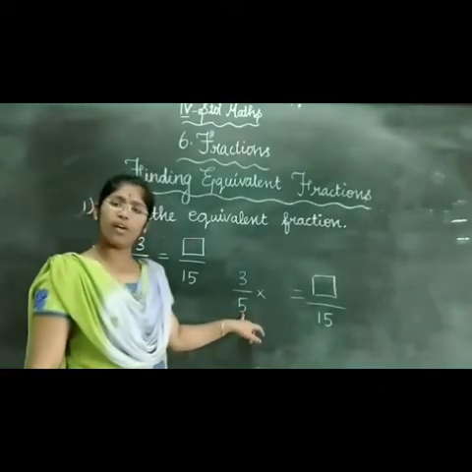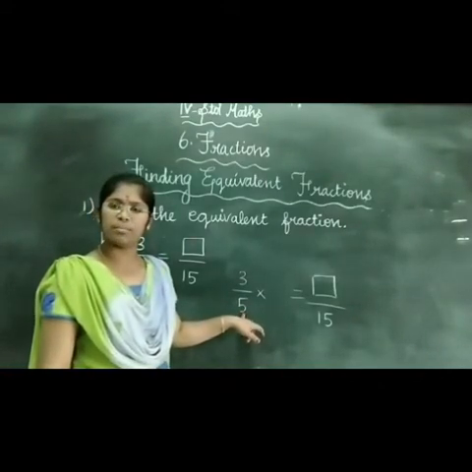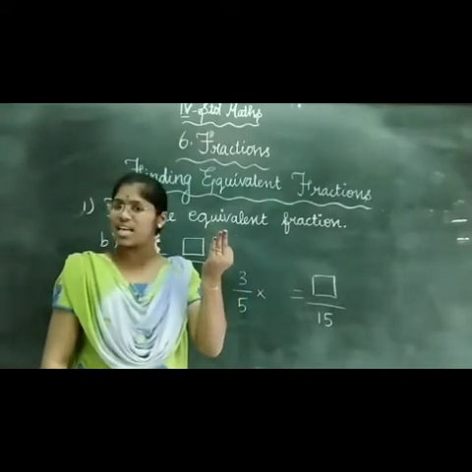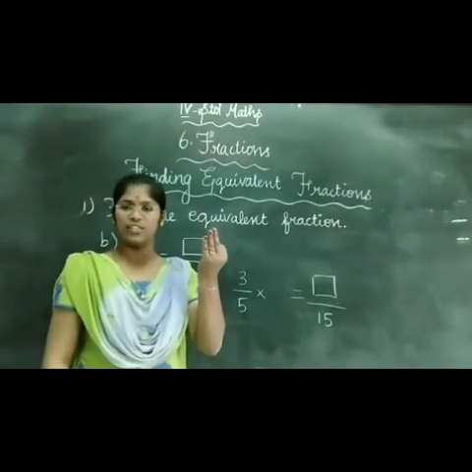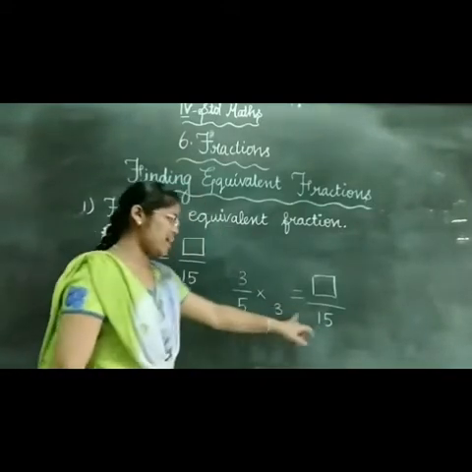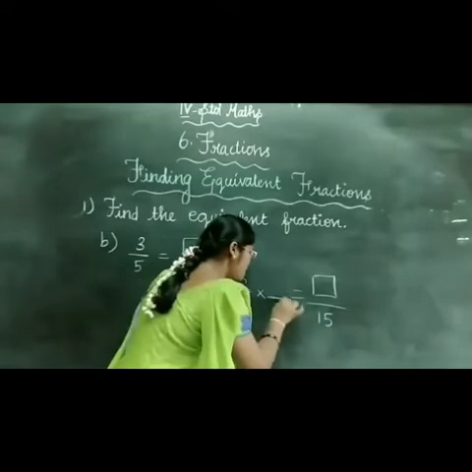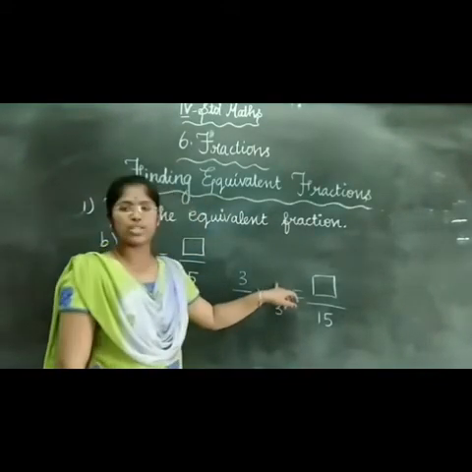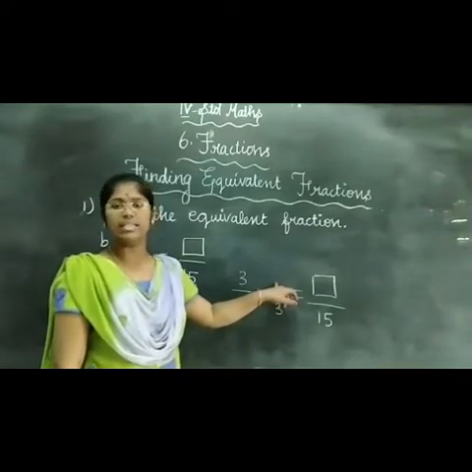How many times of 5 is 15, children? 1 5 is 5. 2 5s are 10. 3 5s are? Yes, 3 5s are 15. So 5 3s are 15. In the denominator we have to multiply by 3, so in the numerator also we have to multiply by 3.